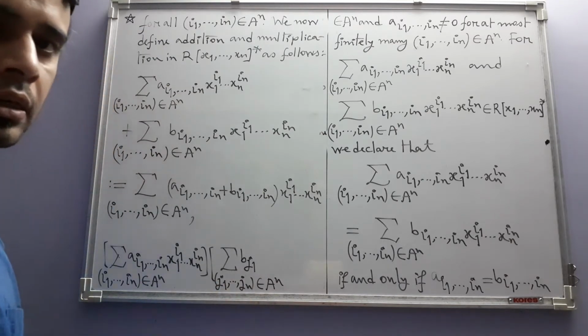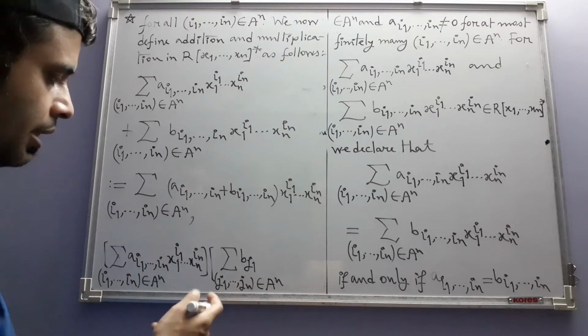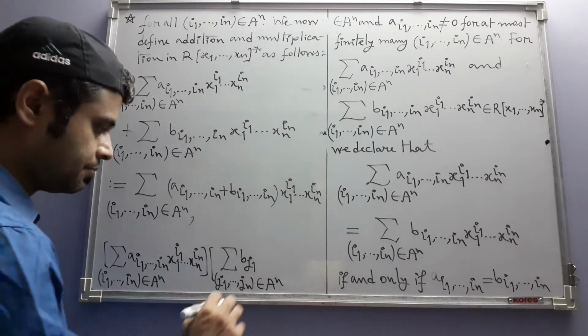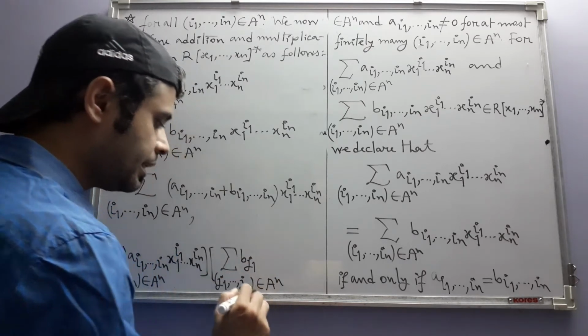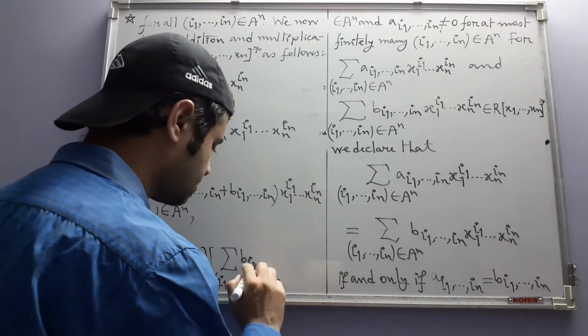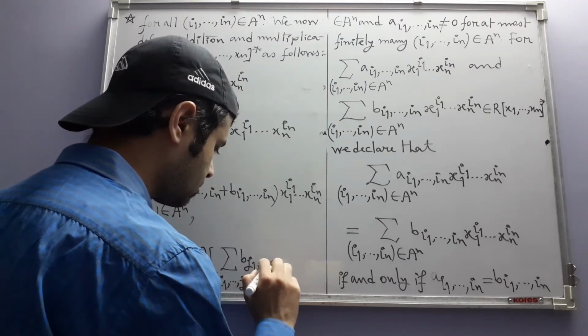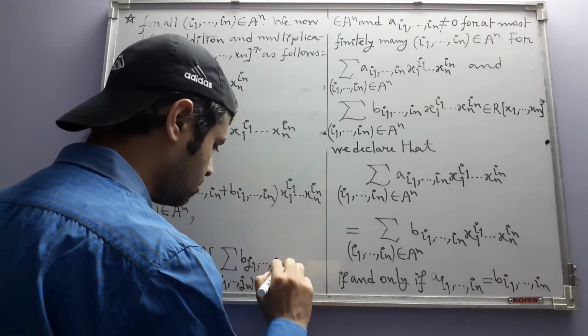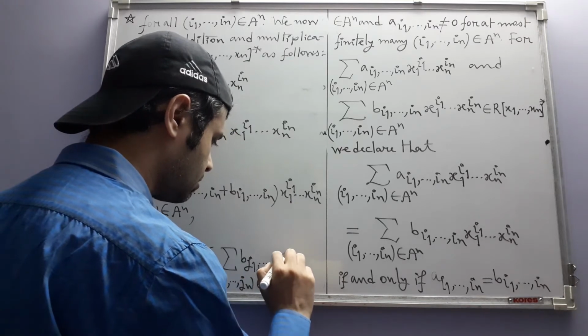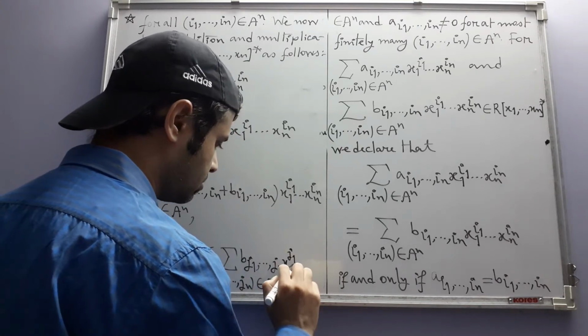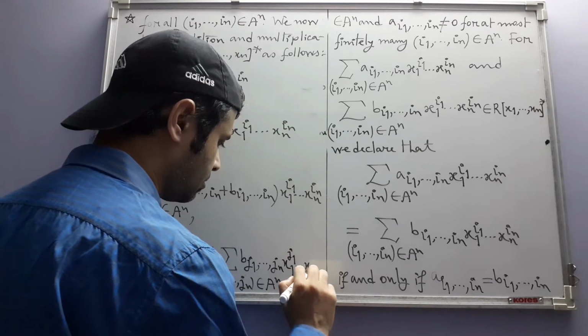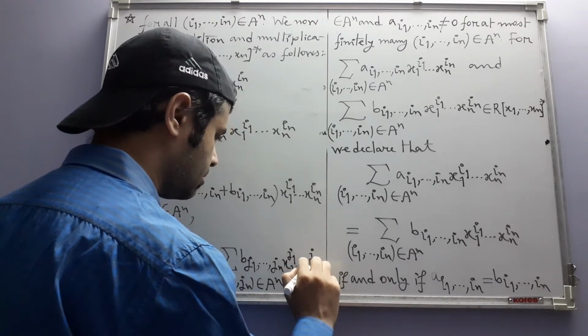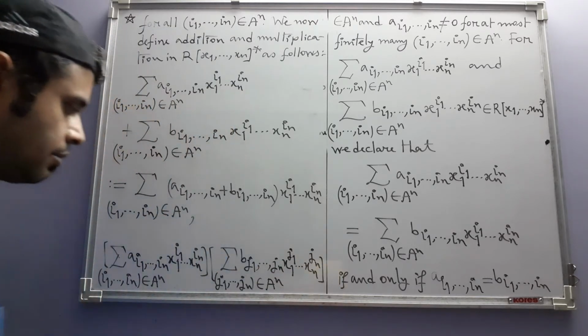After all, these are dummy variables, so you can use anything. What values they take, that matters. Jn x1 to the power j1, x2 to the power j2, like that up to xn to the power jn.